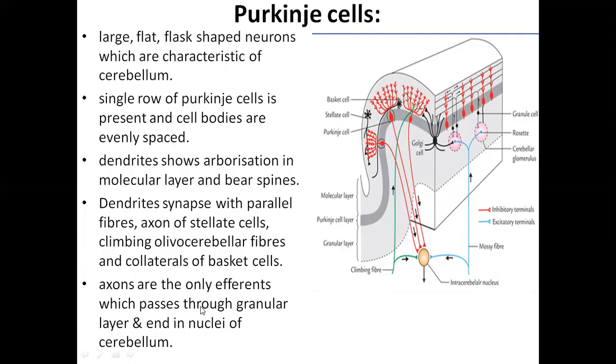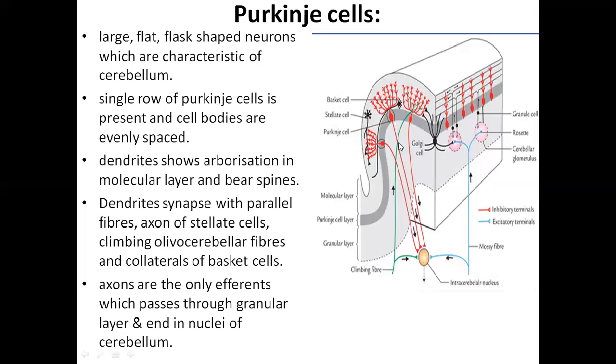The dendrites synapse with parallel fibers, axons of stellate cells, climbing olivocerebellar fibers, and collaterals of basket cells, as you can see here. These are axons which are going down. The axons are the only efferents, which pass through the granular layer and end in the nuclei of cerebellum.